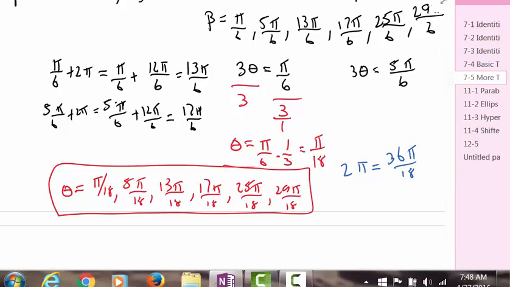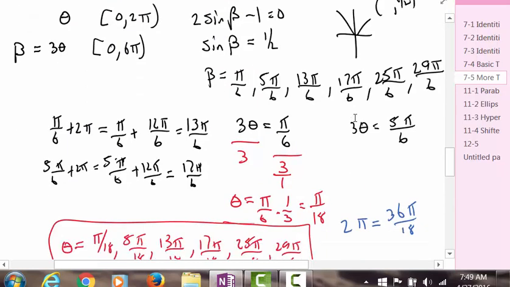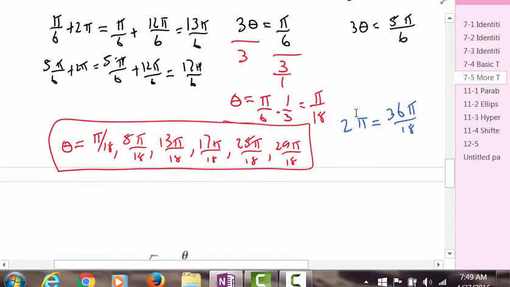The other question is the general case. So I'm going to come back up here. Well, what do you notice about find all solutions? Let's come down here. What do we notice going from one to the other? We kind of had this conversation, but if I go from pi over 18 to 13 pi over 18 and 13 pi over 18 to 25 pi over 18, what am I doing?